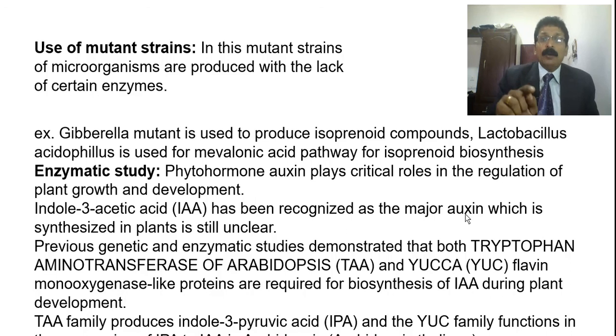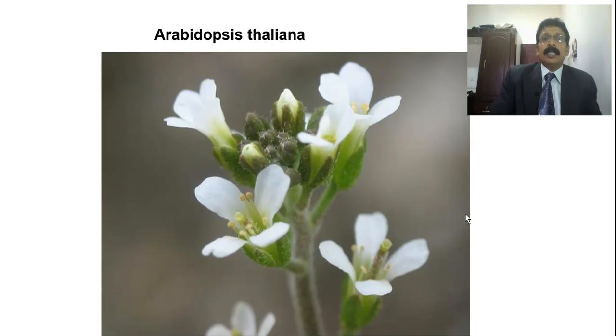In Arabidopsis they have identified, that is Arabidopsis thaliana, this is a very simple small plant which is grown as a shrub.